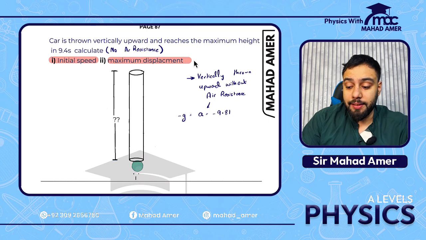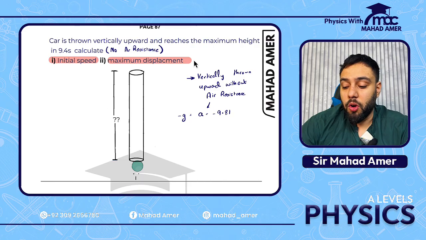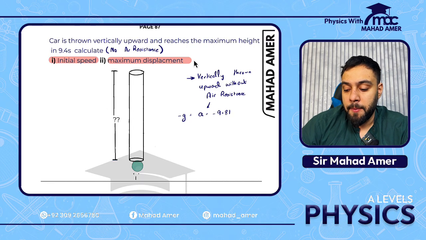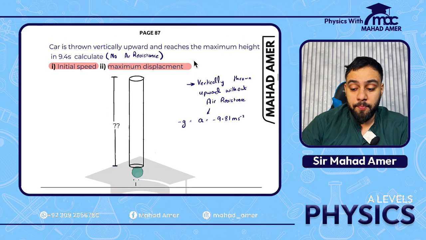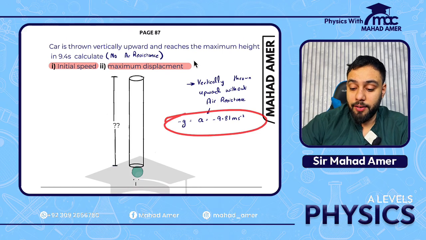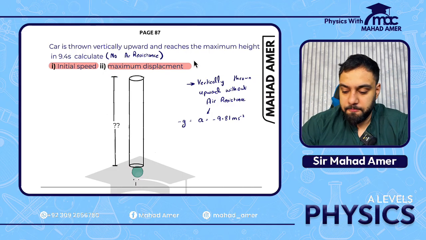So the velocity is going to be reducing. So the acceleration is going to be negative 9.81 meter per second squared. This is going to be the case when an object is thrown vertically upward, moving upward.